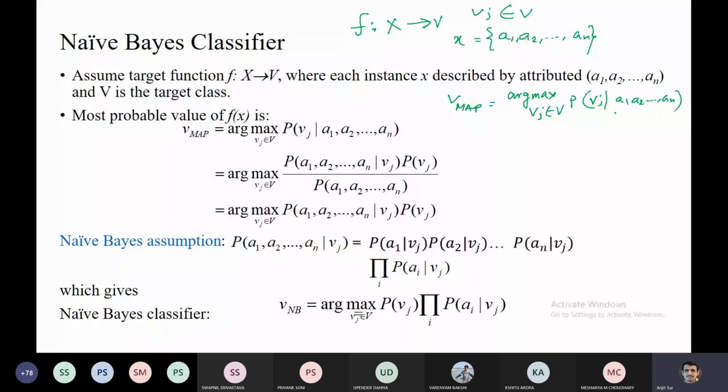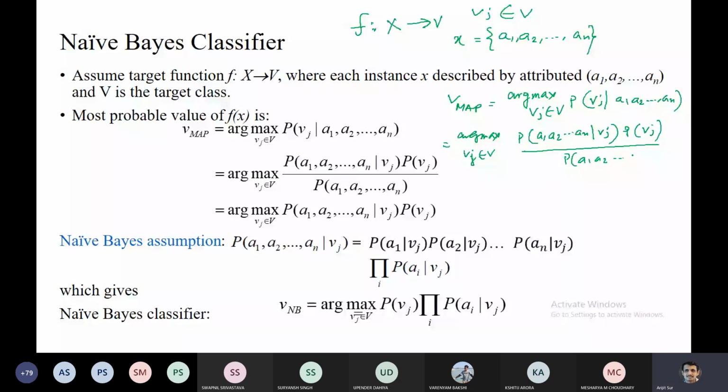Now this, according to Bayes theory, we can write as argmax over Vj belonging to V of P of a1, a2, dot dot dot an given Vj, times probability of Vj, divided by P of a1, a2, an.